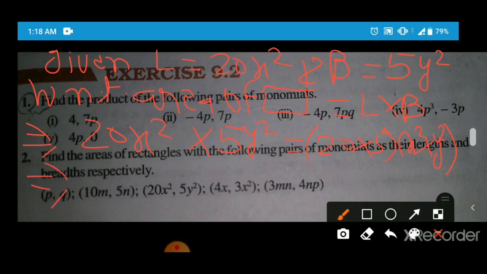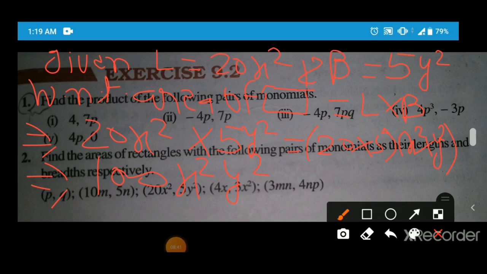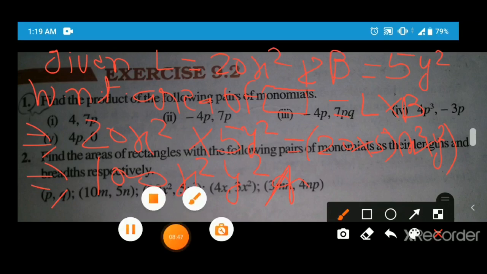So 20 5s are 100 and it is x square y square, because x and y both are different quantities, so we write these quantities as they are in the answer. This is the answer of our third part of question number 2.